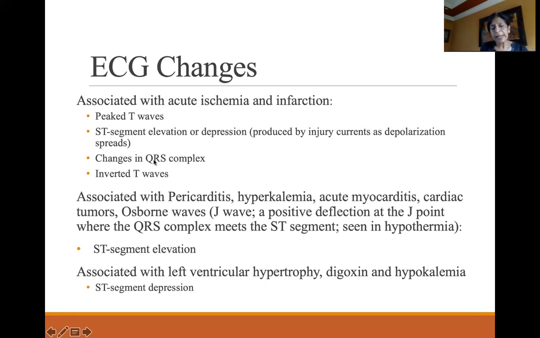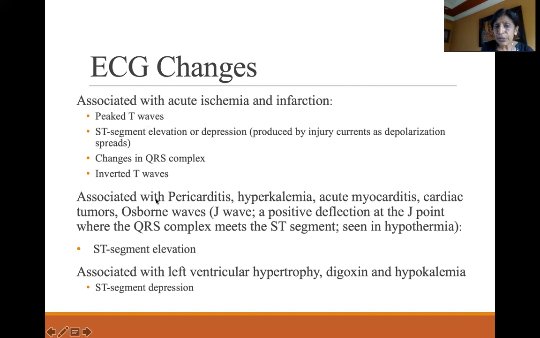The frequency, the size, all of that could be different. Okay, then inverted T waves, if the signal is less than usual because of the loss of these muscle fibers or the formation of infarcts.